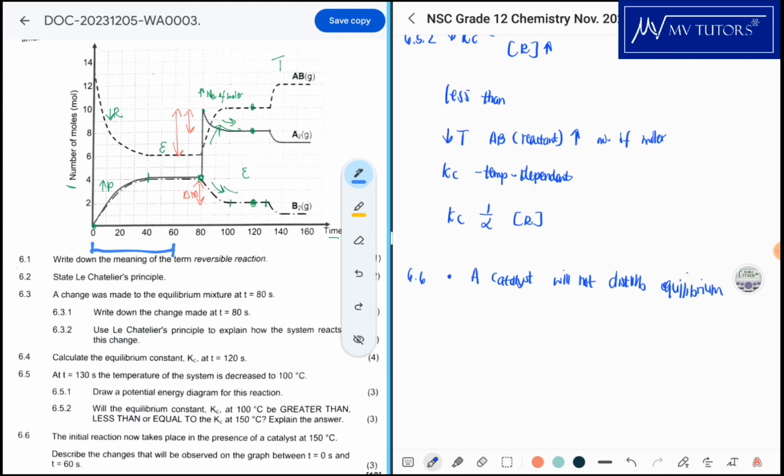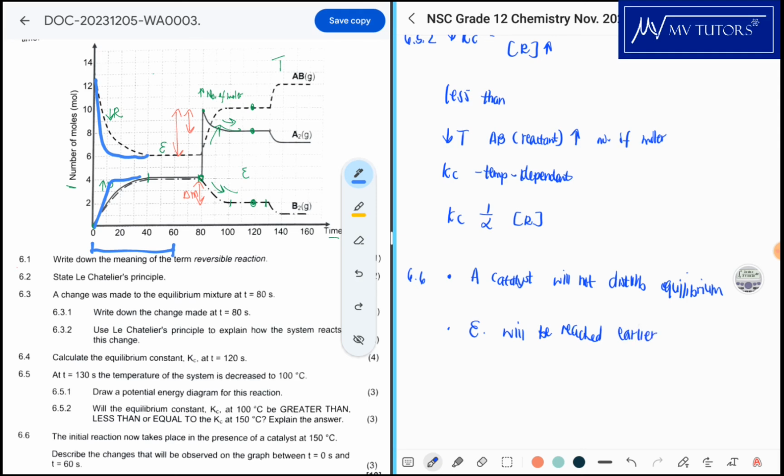I mean that it will probably be steeper over here, and then you reach equilibrium much quicker. Okay, even here, you reach equilibrium much quicker. Whether it's at 10 seconds or earlier than 10 seconds, it is what it is. Equilibrium will be reached earlier.